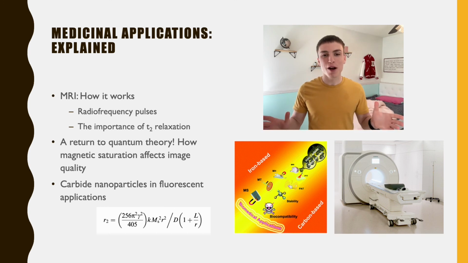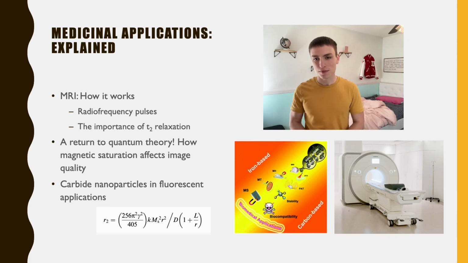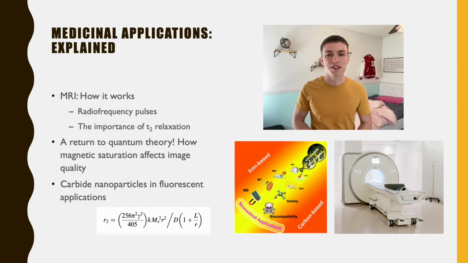Another cool property of iron carbide nanoparticles is that they are light responsive, which means they can be used as probes for fluorescence imaging. So that is another imaging tool these nanoparticles can be used for in biomedical applications. Also, they can convert light energy into other energies such as heat or ultrasound, which means they can be used as agents for photothermal therapy, which is another medical use of these compounds.